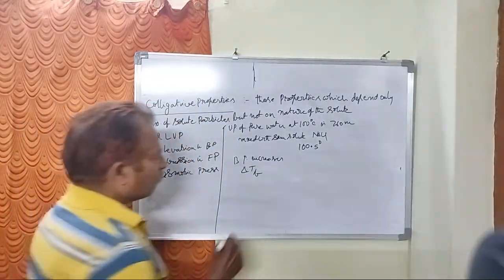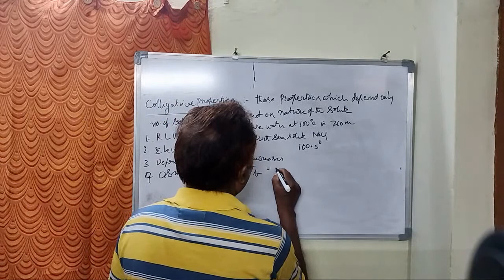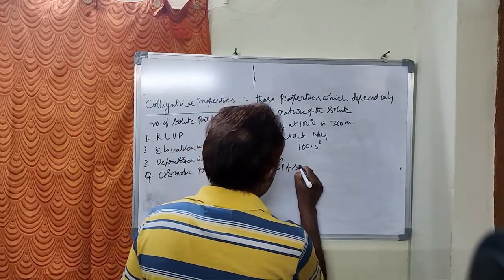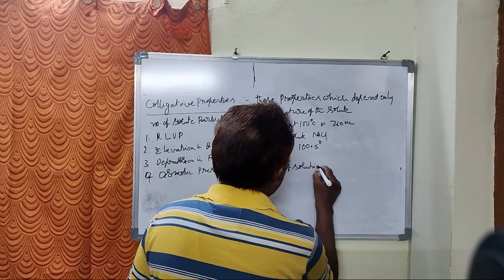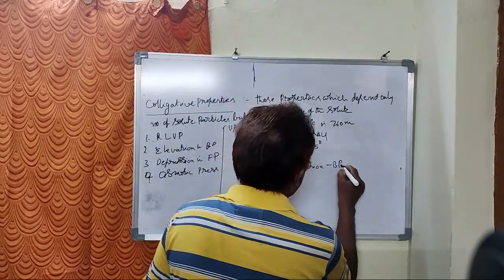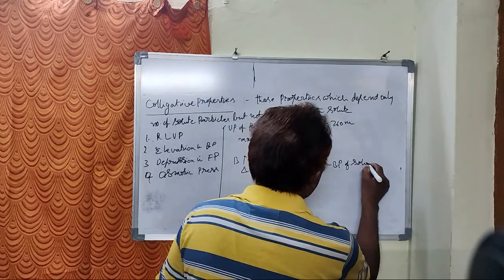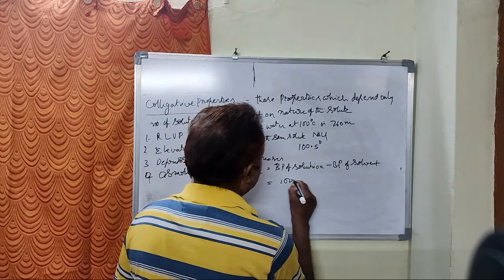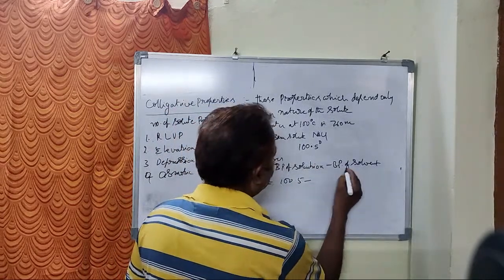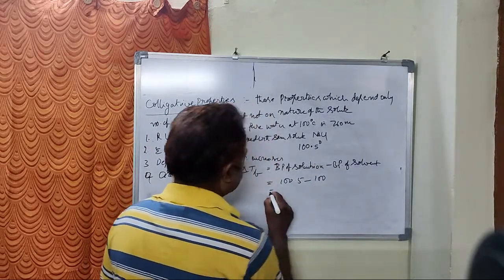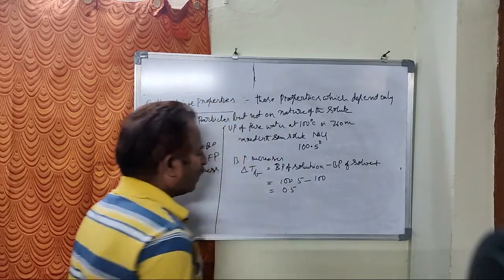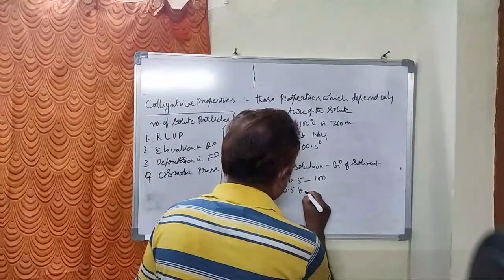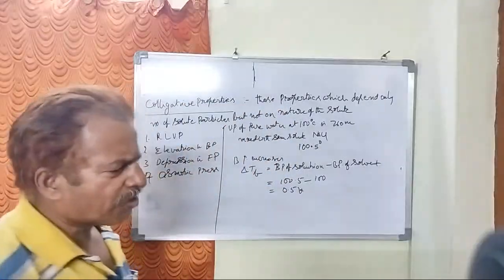Delta TB is equal to boiling point of solution minus boiling point of solvent. Boiling point of solution is 100.5 degrees minus boiling point of solvent, 100. Therefore, delta TB is equal to 0.5 K.